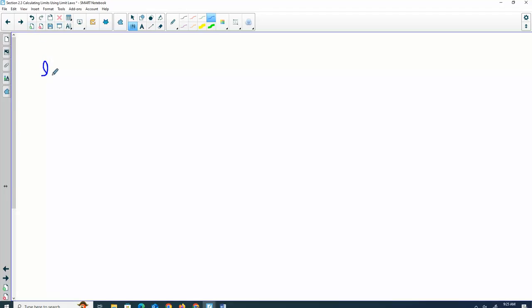Here's what that's saying. If I wanted the limit as x approached 0 of negative 2. Think about a graph. This is my function, so that's like y equals negative 2. What's y equals negative 2?